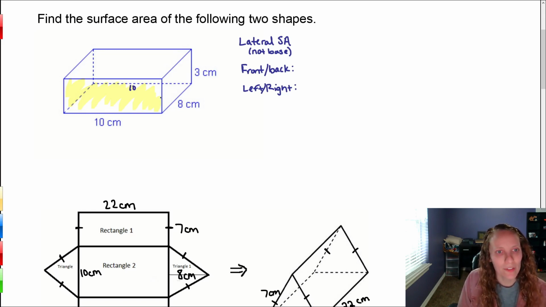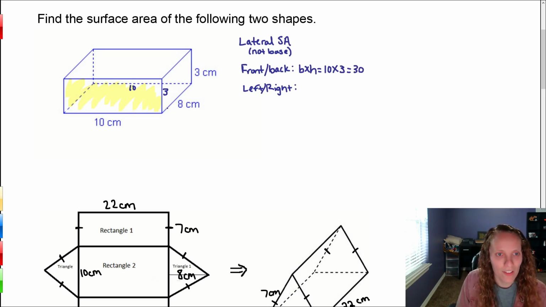The height here would be 3, and that's coming from the 3 centimeter height back here. So the rectangle for the front and the back uses a 10 by 3, and recall that the formula for a rectangle is base times height. And so we would do base 10 times a height of 3, and that would give us 30.